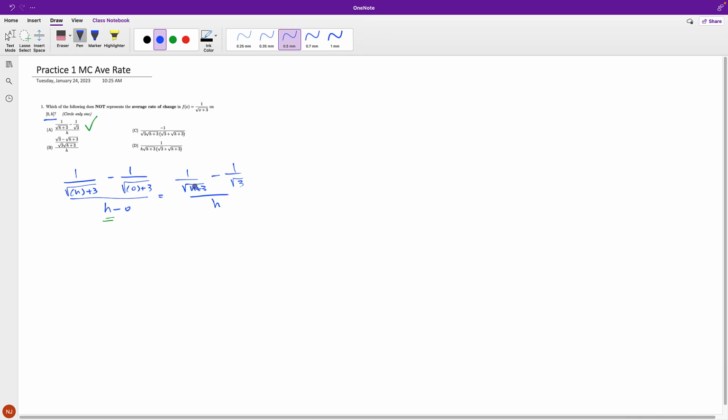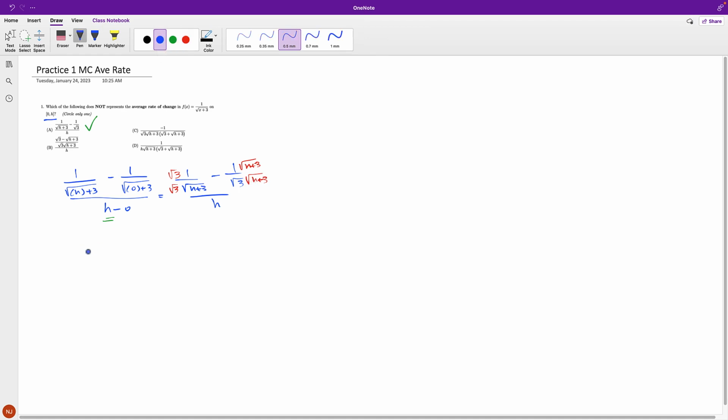Common denominator on top would be square root of 3 times square root of h plus 3. So I can multiply top and bottom by square root of 3 for that one, and multiply both top and bottom by square root of h plus 3.